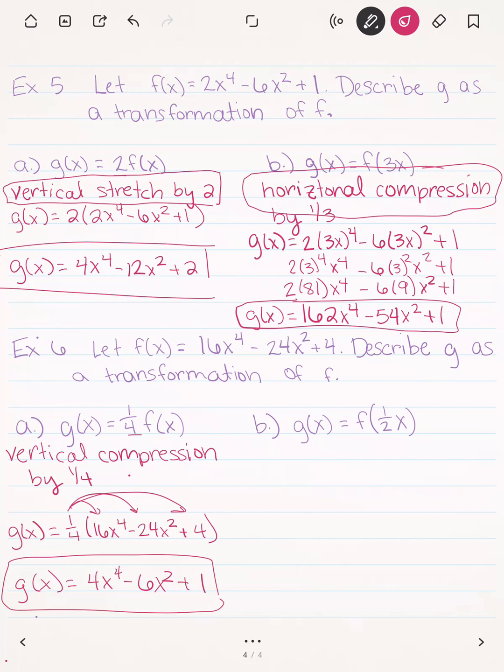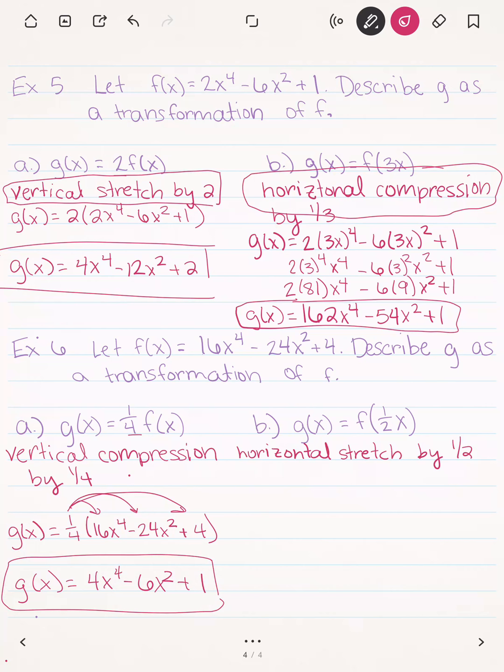Looking at the last one, b, g of x equals f of x, or f of 1/2 x. So since it's on the inside, this has to do with horizontal. Okay, since it's between 0 and 1, this is a horizontal stretch by 1/2.